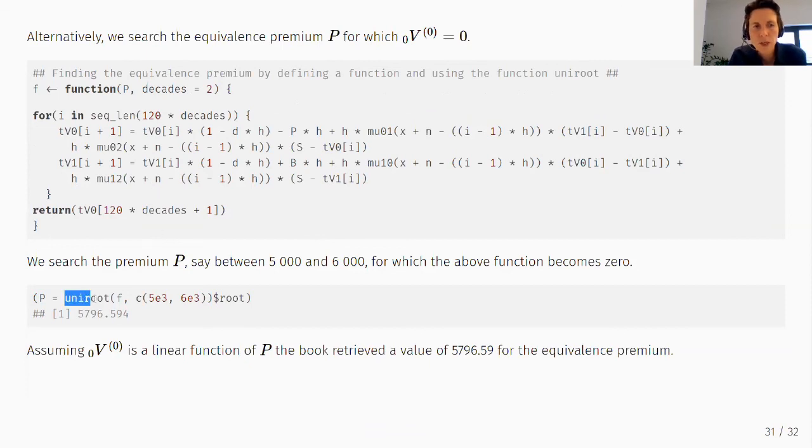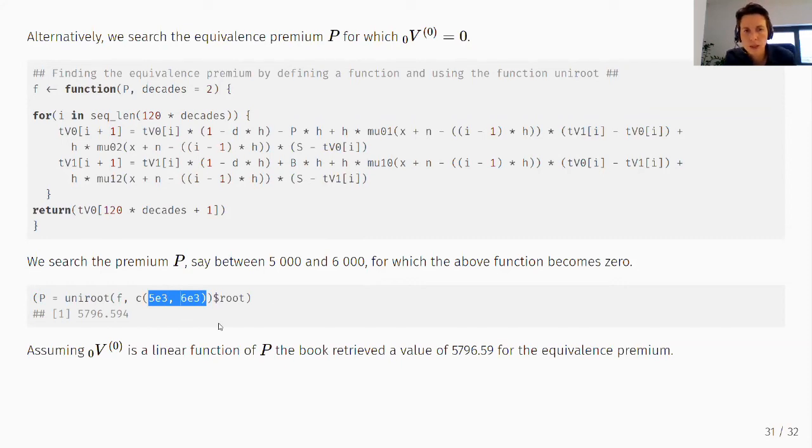What I then do is call the function uniroot to say, okay, find me the premium P that makes this function equal to 0. That would give me the actuarially equivalent premium. I specify here the range of possible values for P where my function can look, because I already have some insights based on the calculations I did with 5,500 and 6,000, where I saw that I went from a positive value for this 0V0 to a negative value.